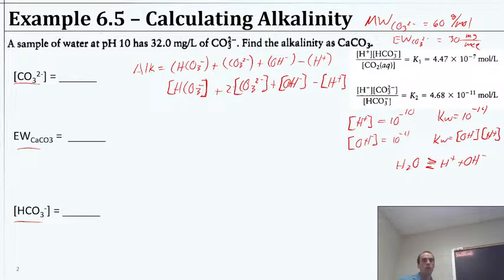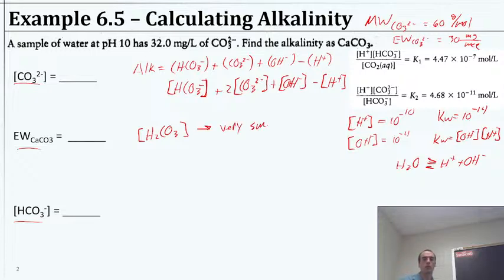So then it's really just a matter of solving how much is in HCO3 minus and CO3 2 minus. We should be able to use our equilibria equations. We'll notice that at pH 10, the concentration of H2CO3 is going to be very small.